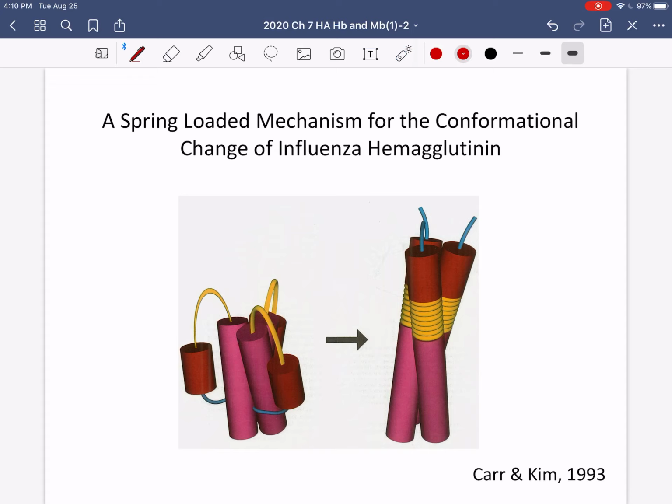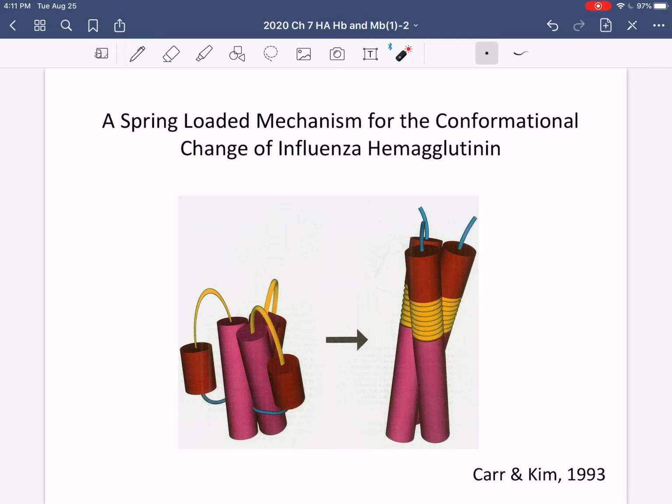And on this cartoon, we're looking at a couple of things. We're looking at a transition from these loop regions here in yellow into a coiled coil structure, and also the delivery of these shorter alpha helices flanking the pink coiled coil in the middle to extend the coiled coil upward and carry with them this blue extended region of polypeptide at the amino terminus all the way up to the top of the molecule.